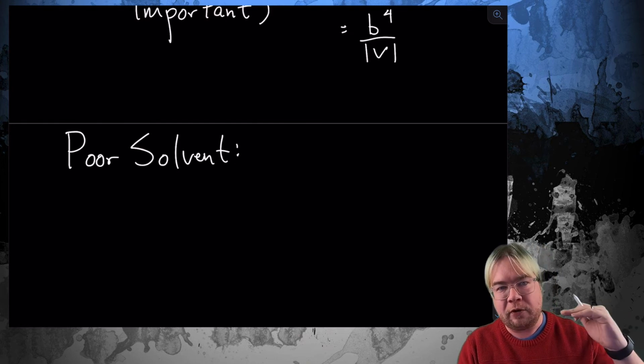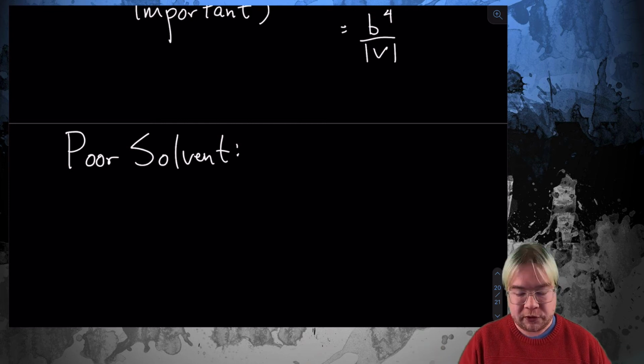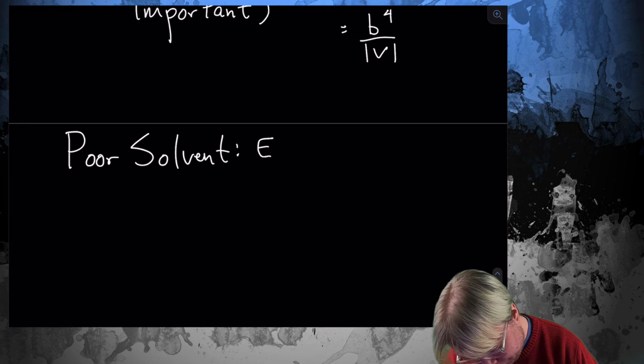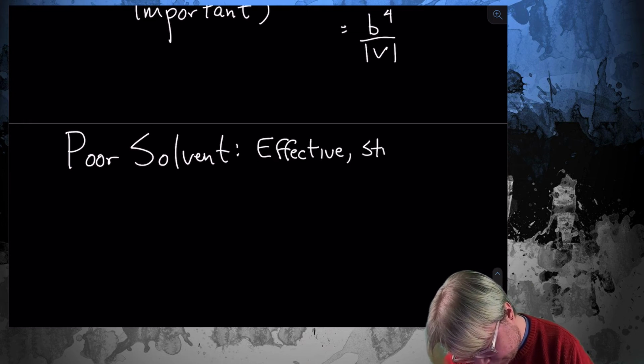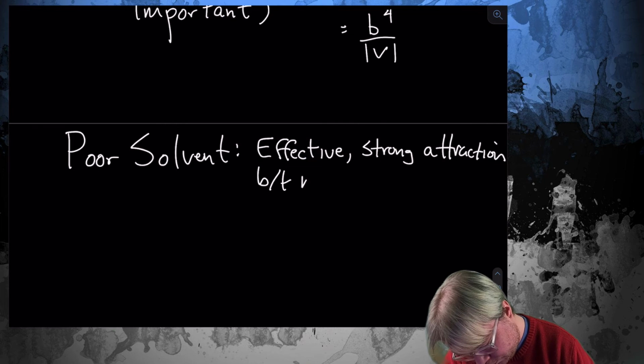There's a very unfavorable interaction between the monomers and the solvent. So the result of that is that there's an effective strong attraction between the monomers.